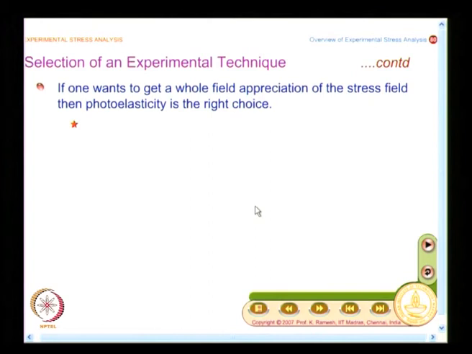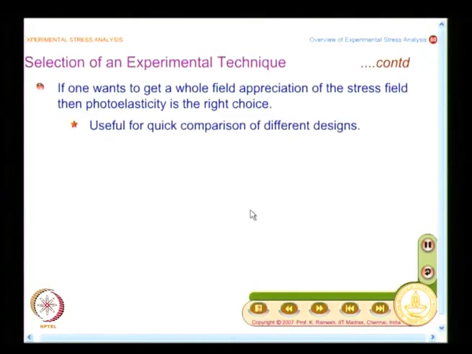And the choice is very clear. If one wants to get a whole field appreciation of the stress field, then photoelasticity is the right choice. If I use photoelasticity, I get sigma 1 minus sigma 2 contours. In fact, we have looked at how the fringe field looks for different problems of stress concentration.